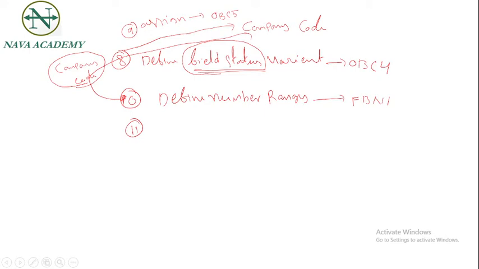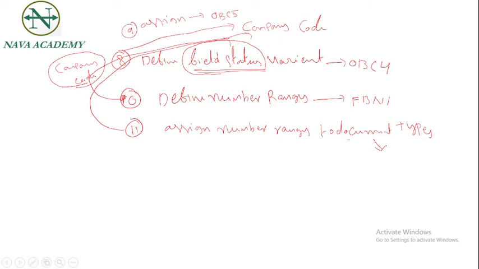11th step, assign number ranges to document types. This is very important. This is also automatically linked to the company code.